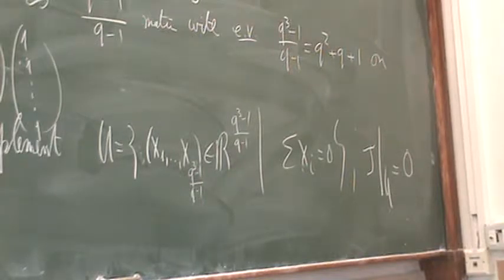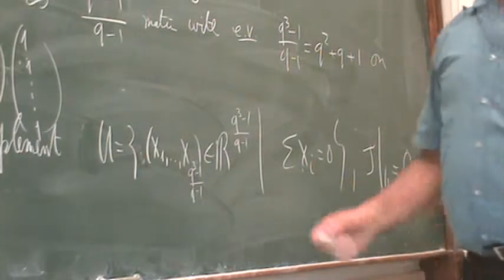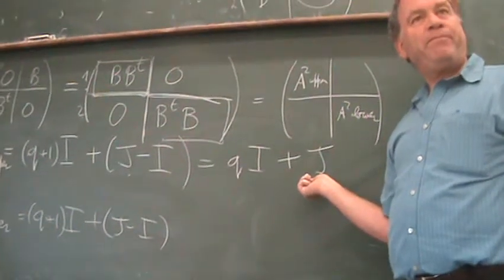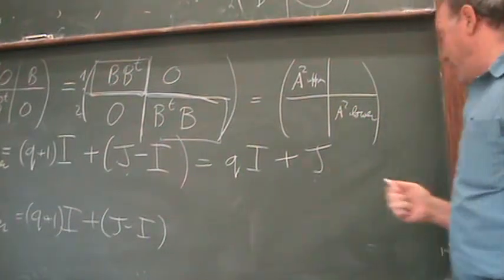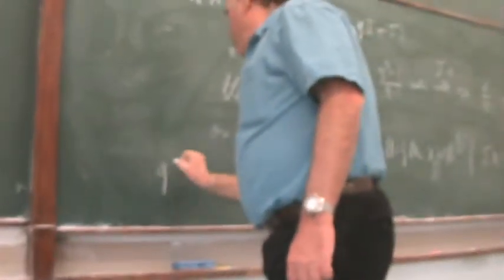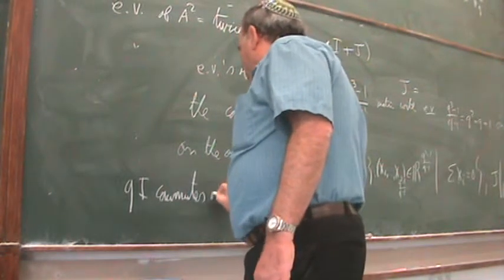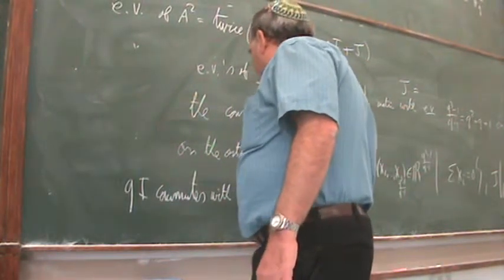It's a matrix. So now Q I is a scalar matrix, which is commuting with J. So now it's very easy to compute eigenvalues.